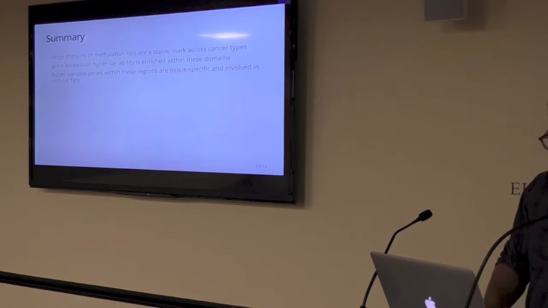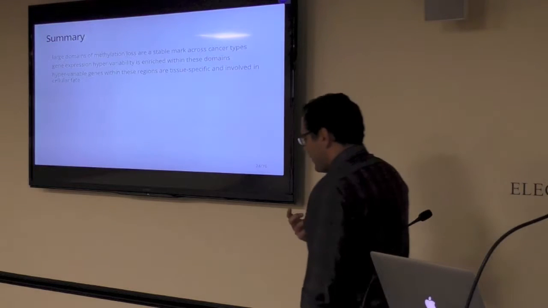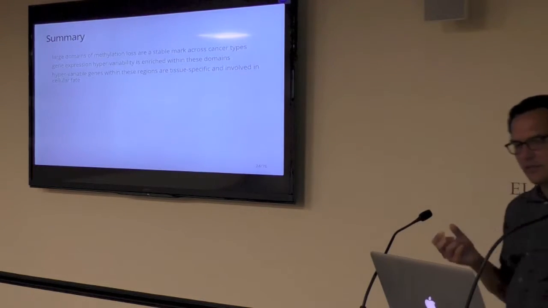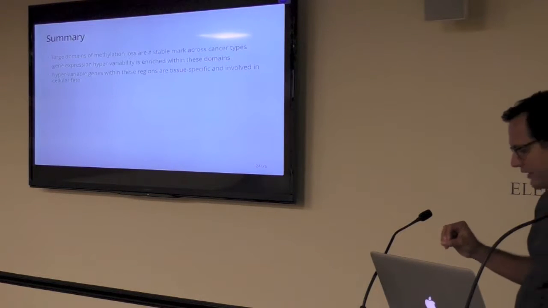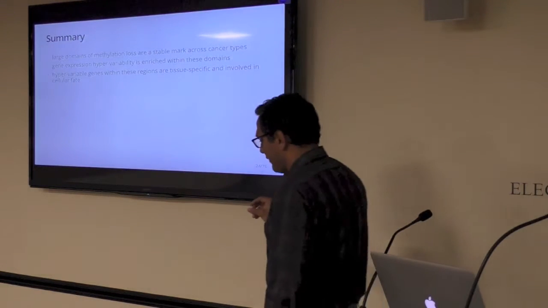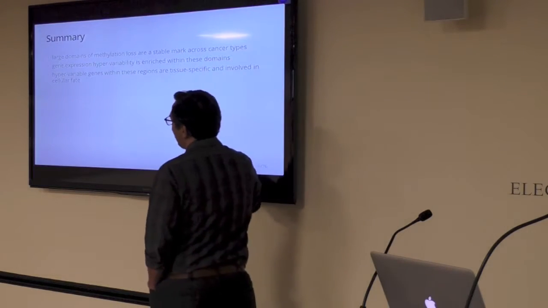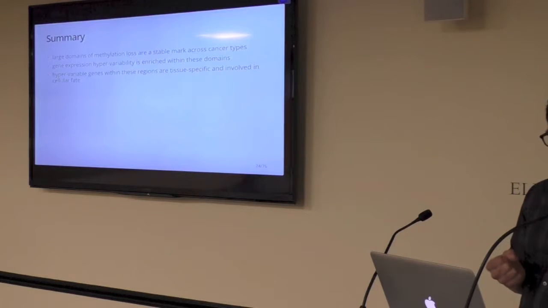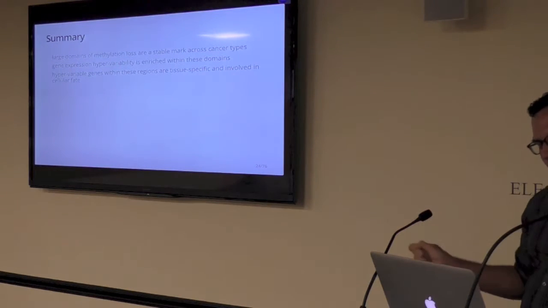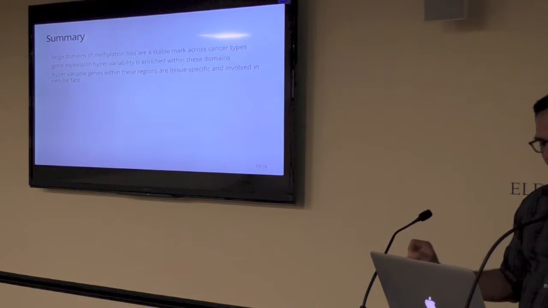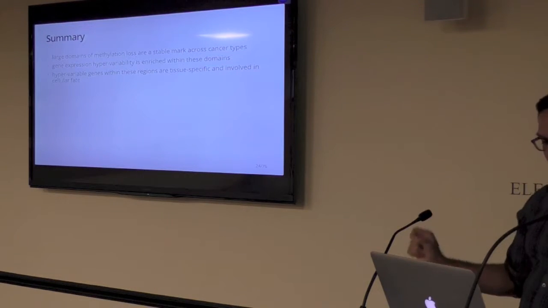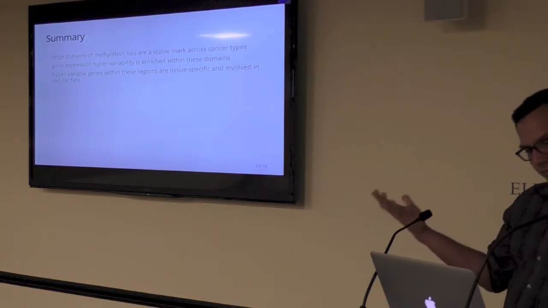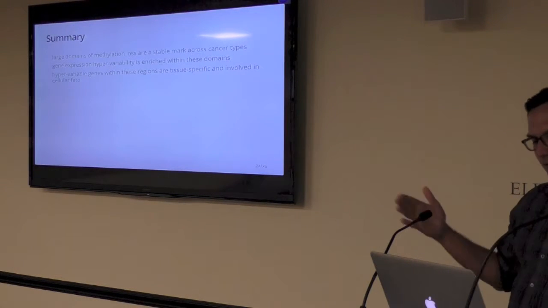So in summary, one of the discoveries that we were able to make with this type of data is that large domains of methylation loss are a stable mark across cancer types. So the locations involved are stable, but there is hyper-variability in these measurements in these locations. All right? And that hyper-variability in disease seems to be in the same regions that are involved in determining how different cells are, the cell identity and the maintenance of that cell identity.